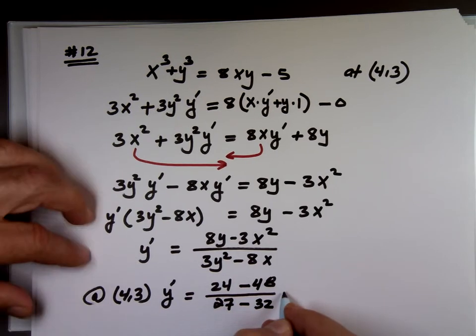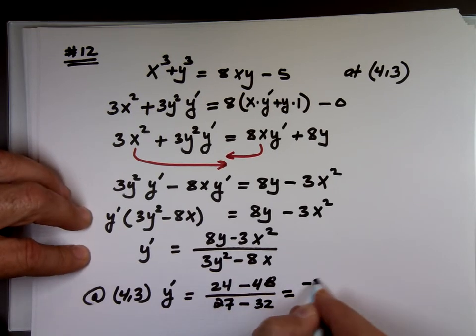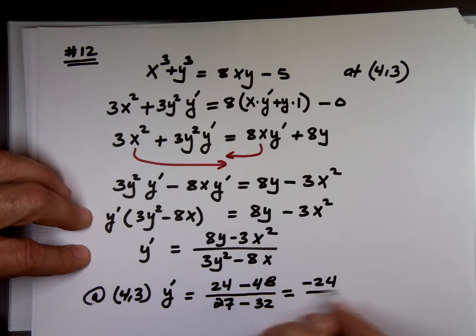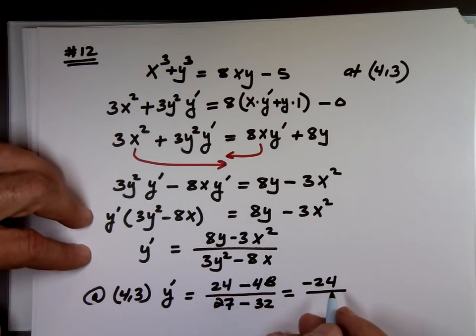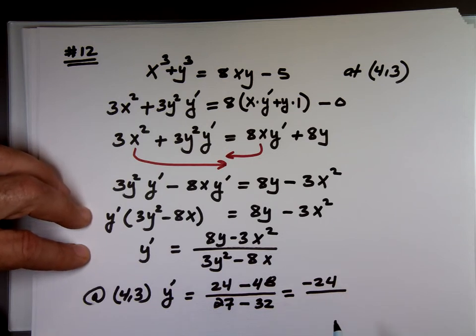That's a negative 24, I think, on the top. And what do we got on the bottom? Is that negative 5? So that's 24 over 5.